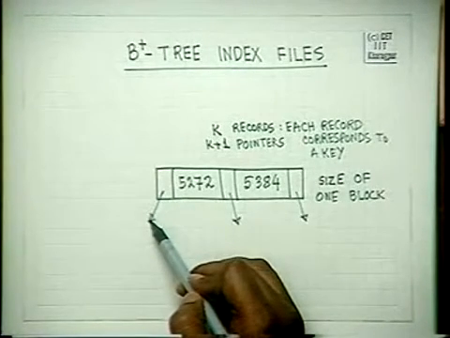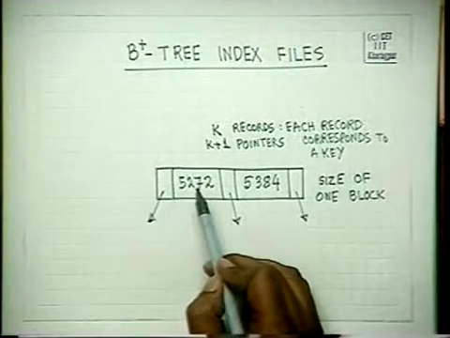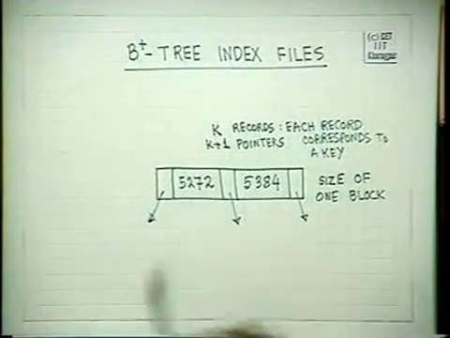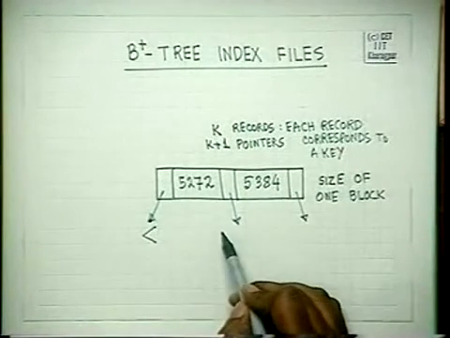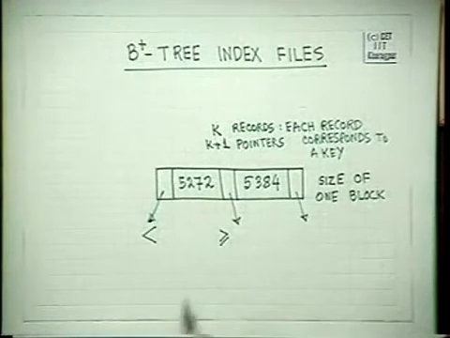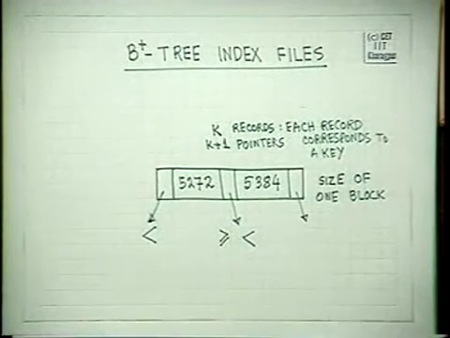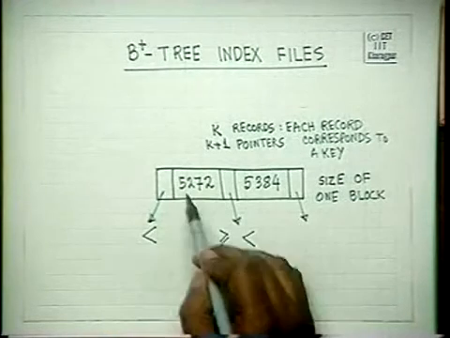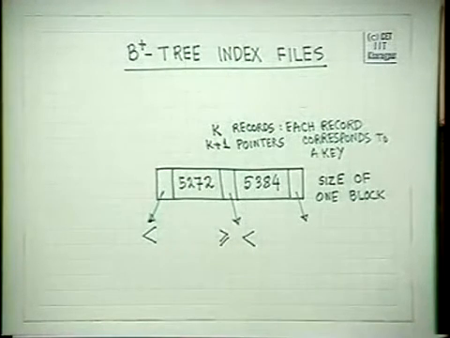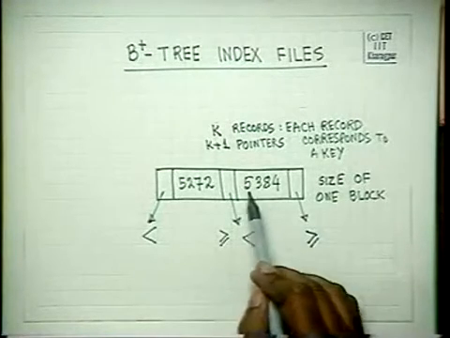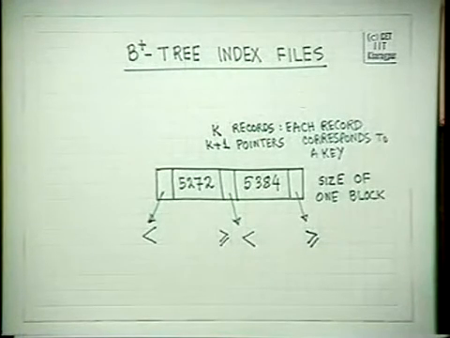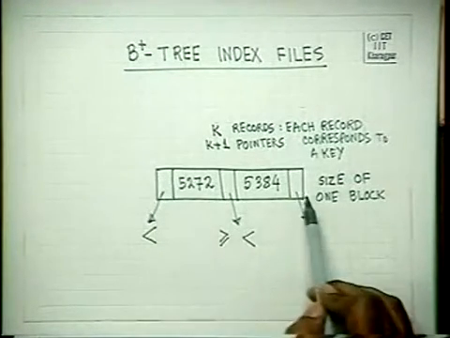This will point to those records which are less than 5732. Let this be our convention. This will point to those which are greater than or equal to 5732 and less than 5384. And this will point to those which are greater than or equal to 5384. So this is one node.